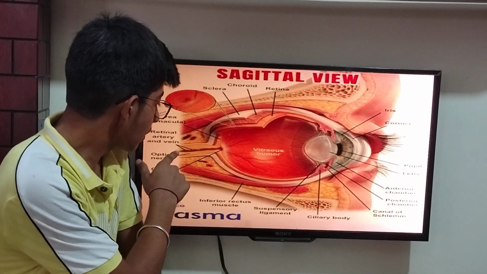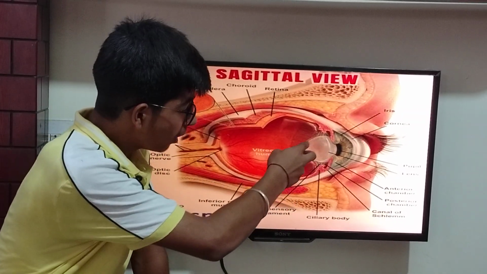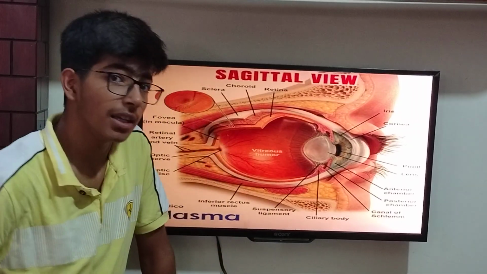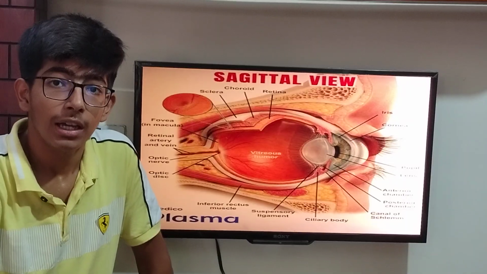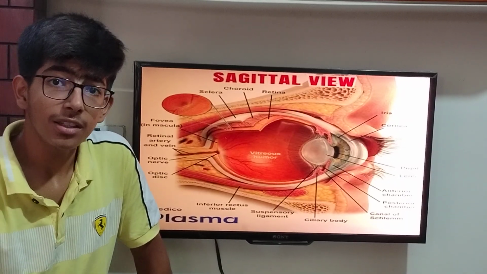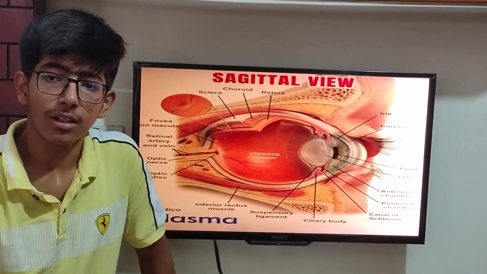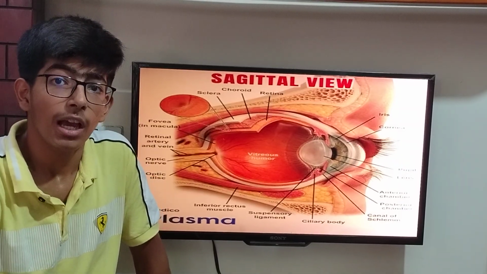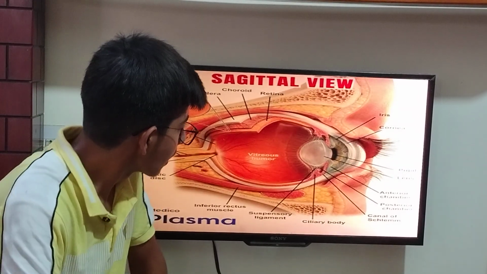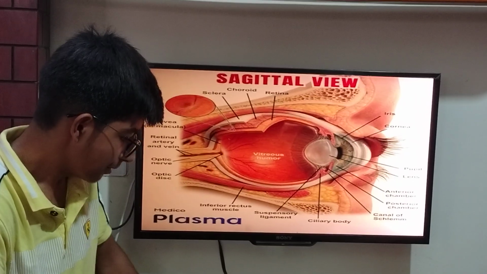Here are our optic nerves. The image formed by the lens on the retina is inverted. So how does it get erect? Our brain intercepts the image and it transforms it into an erect image within milliseconds. Our brain is so fast. So let's move ahead.